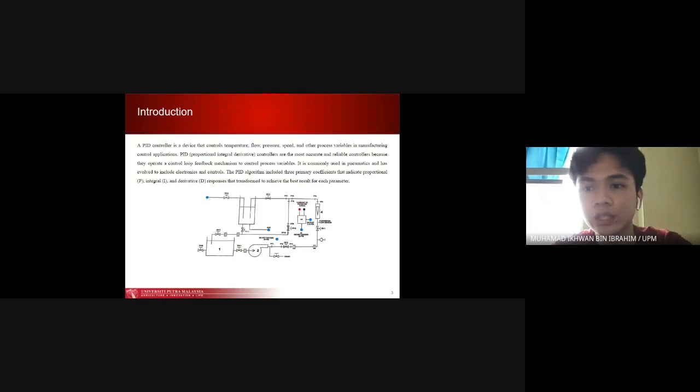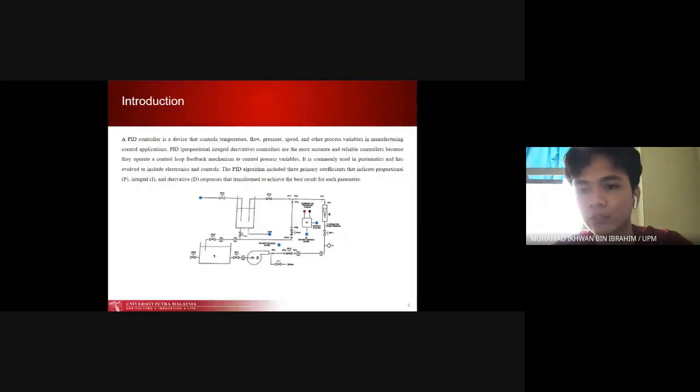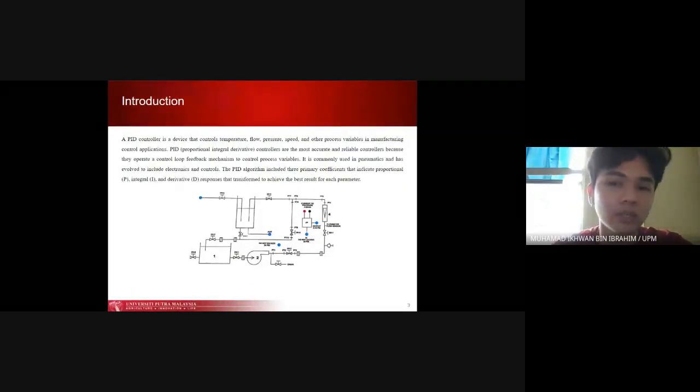It is commonly used in pneumatic systems and has evolved to include electronic controls. The PID algorithm includes three primary coefficients, the proportional, integral, and derivative responses, that are tuned to achieve the best result for each parameter.